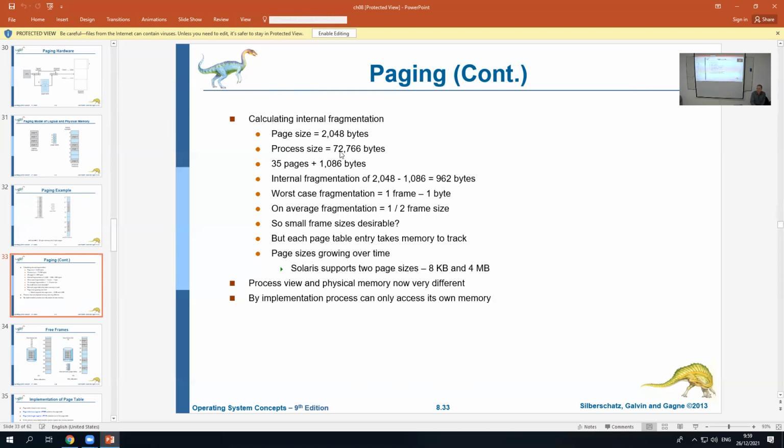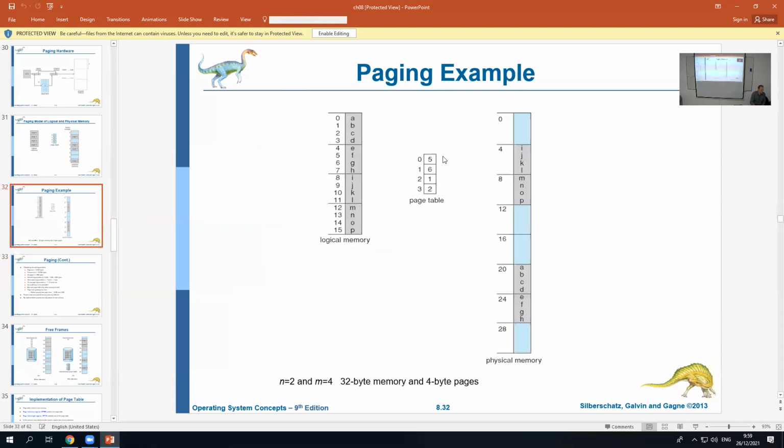Chevy just asked a question in the chat: how does it work with different programs having the same logical address, so they come to the page table with the same address? Excellent question, Chevy. The answer is that there will be multiple page tables. They won't come to the same one. That's a kind of mistake in this diagram.